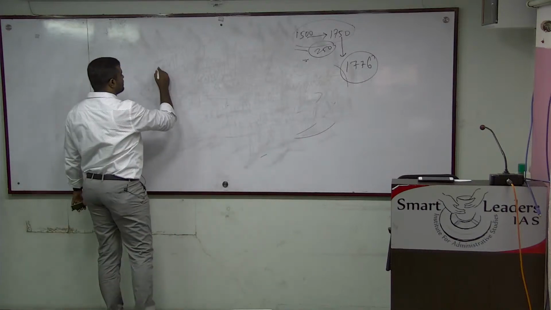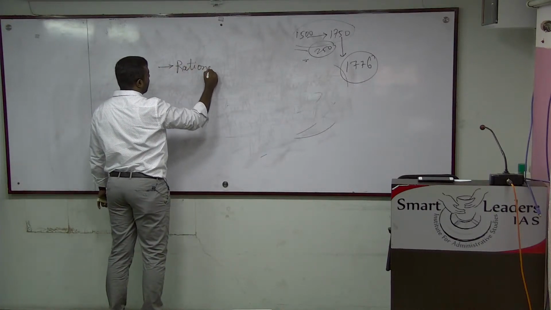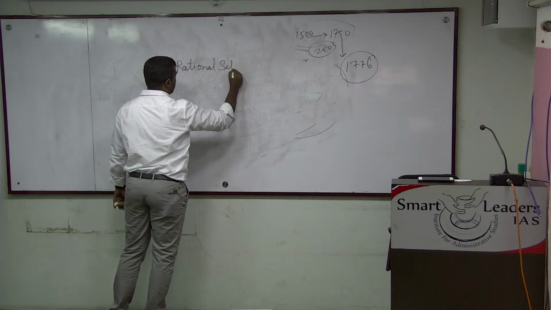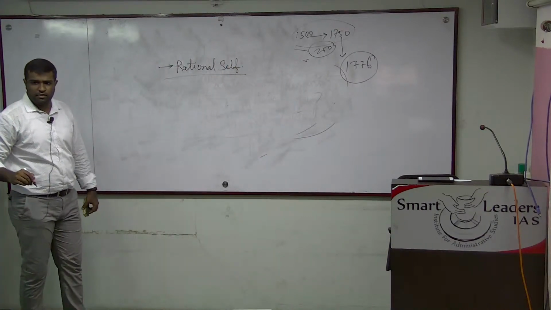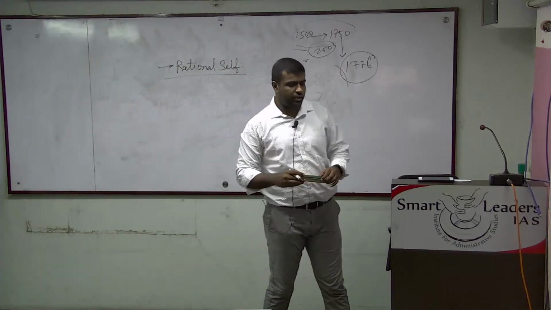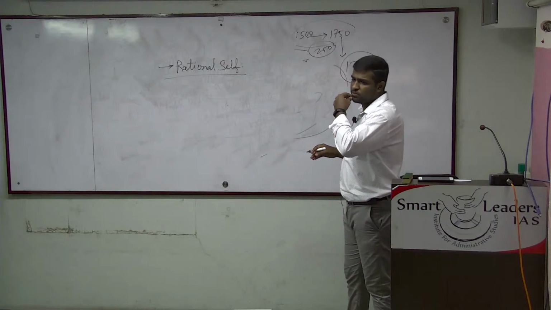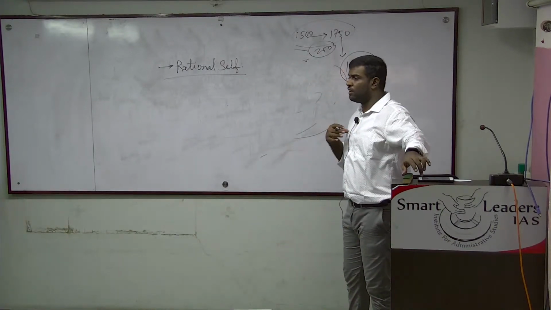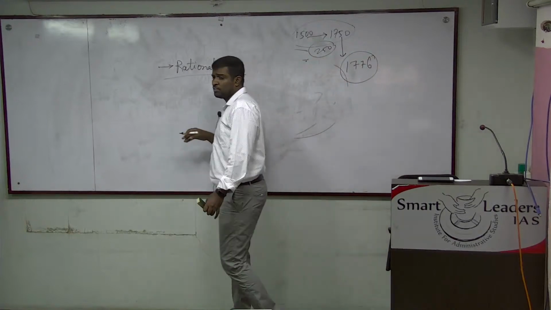The first concept is the rational self. I think in the third session or so, when Suresh sir came, I heard him speak about how choices are rational, how people make rational choices.